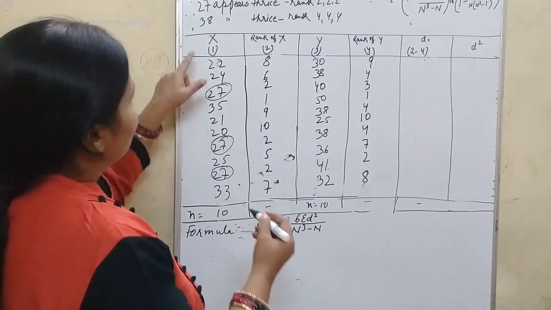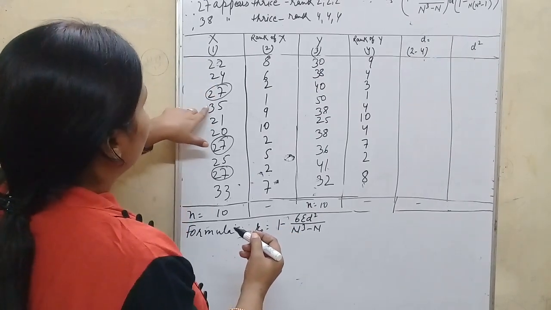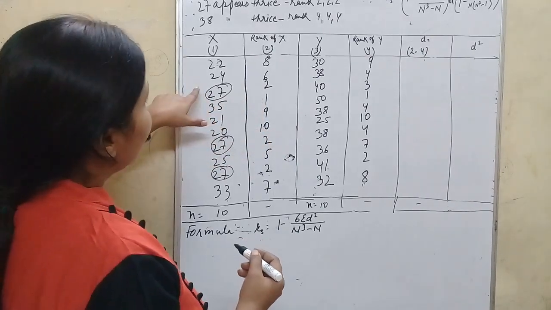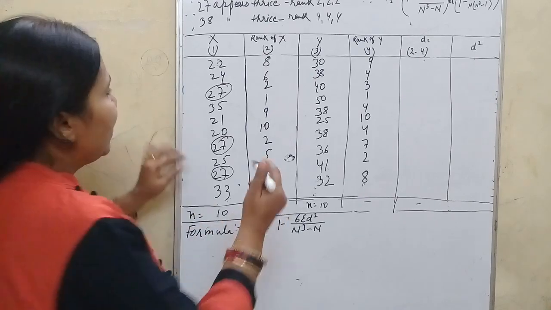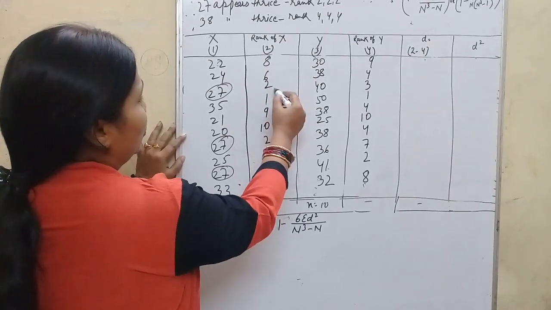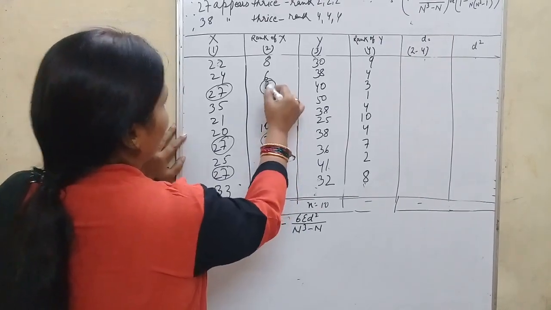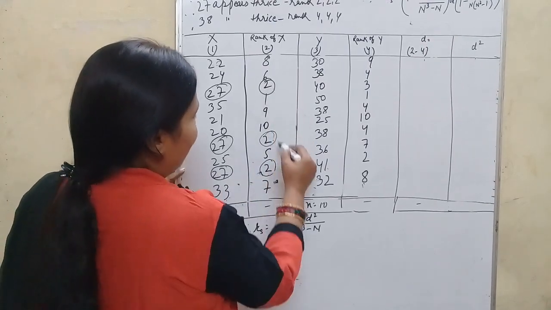See which has the highest number. Here 35 I have given the first rank. After it, 27 comes 3 times. Then we give all 3 the rank 2, 3, 4 averaged, that is 3, 3, 3. Then you count 1, 2, 3, 4.